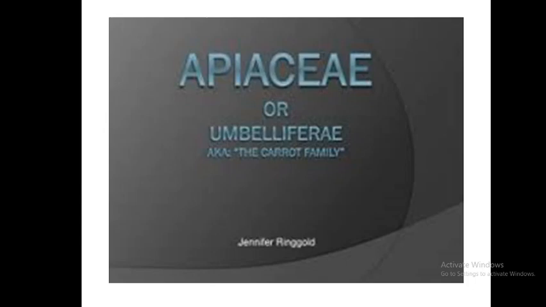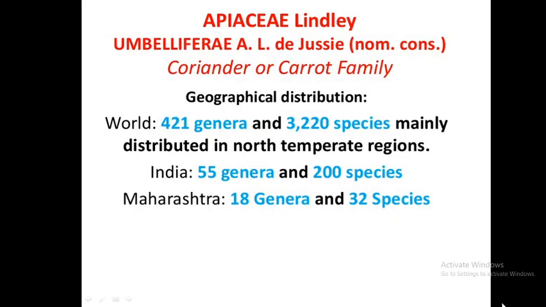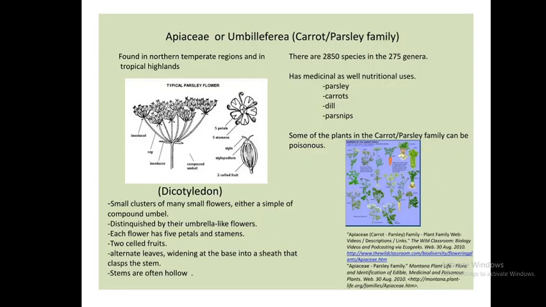They are alternate, rarely opposite, exstipulate. The leaf base is broad and sheathing. The leaves are aromatic and show reticulate venation.